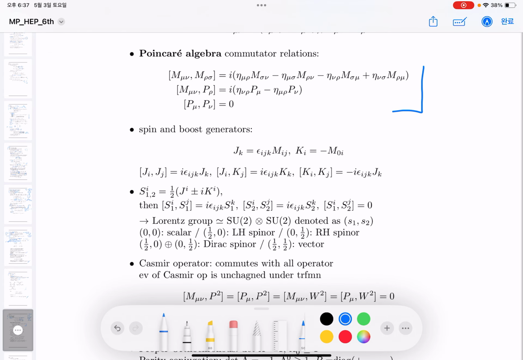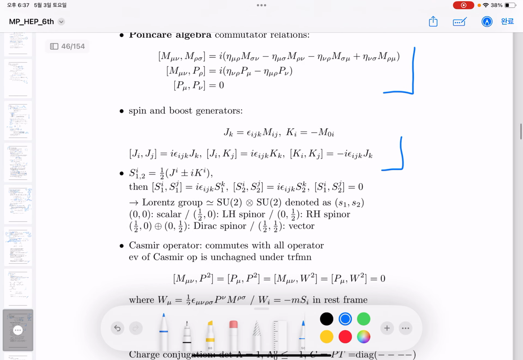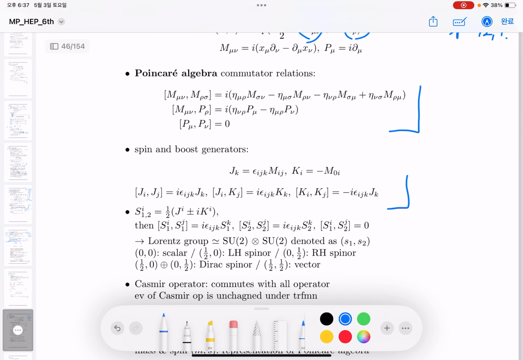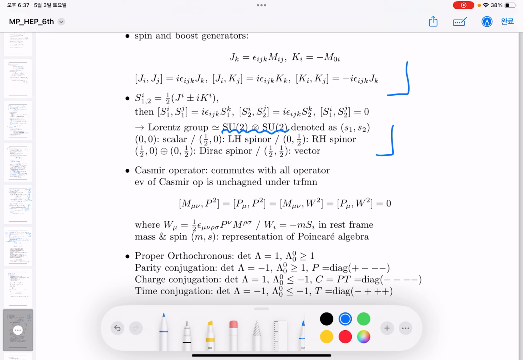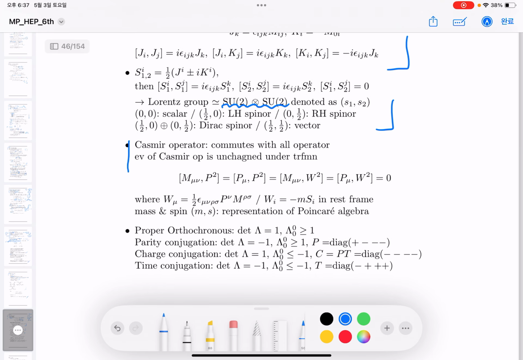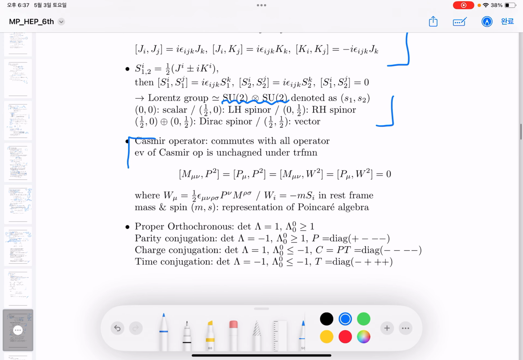And we can also define the spin of this generator, and the combinations of the rotation and the boost form the Lorentz group algebra, which is approximately similar to two copies of SU(2). So this is the algebraic point of view, and we will discuss that in detail in the supersymmetry video.